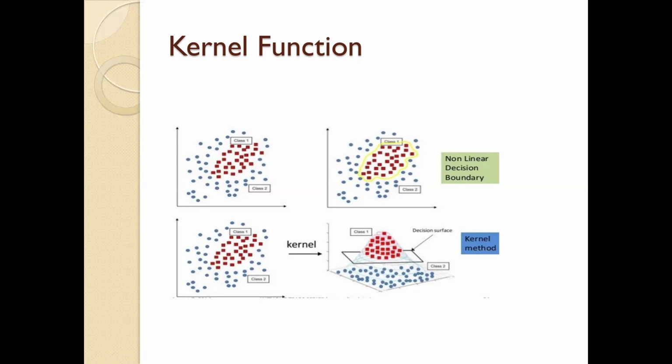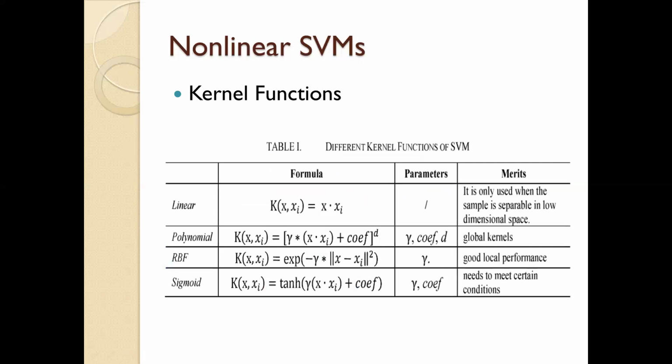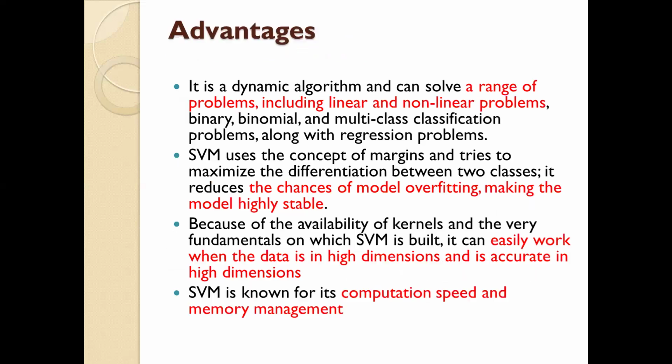So we can easily separate the data points. We have used many kernel functions from linear kernel functions to sigmoid functions. This slide shows some of the popular kernel functions we have used in the SVM.